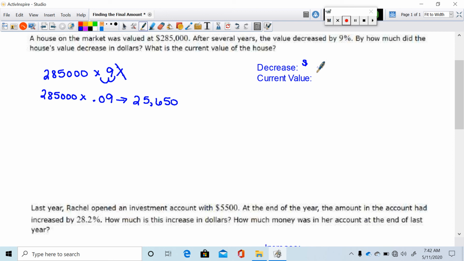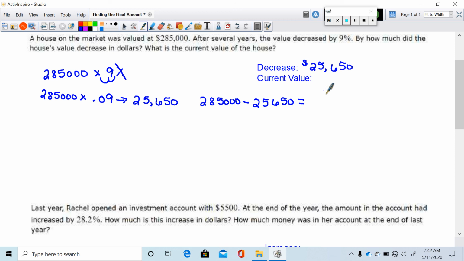This house decreased by $25,650. Now to get the current value, you take the original value, 285,000, and subtract out the decrease in the value, 25,650.